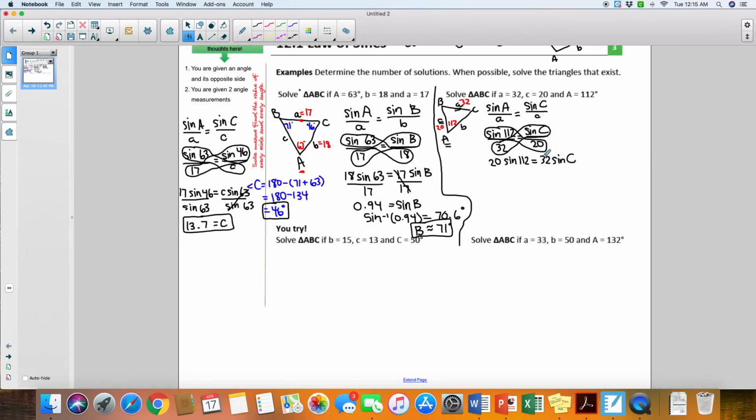You would get rid of the coefficient by canceling out the multiplication using division. So I'm going to divide both sides by 32. That 32 would cancel out and leave you with sine of C.